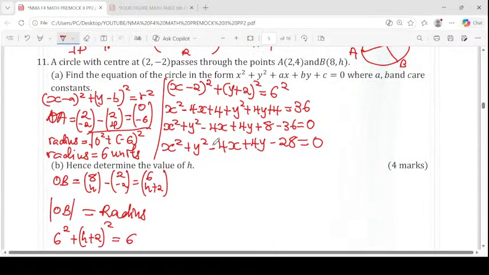I want us to be very clinical with how we are approaching that particular question.